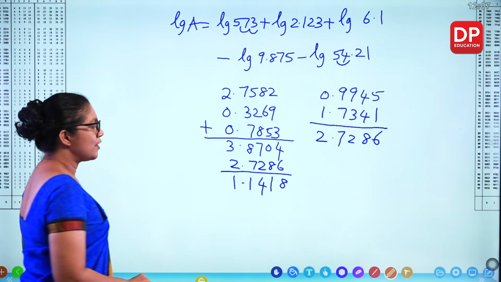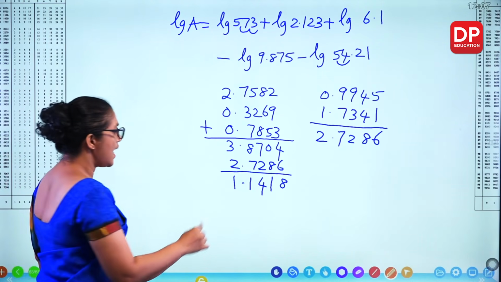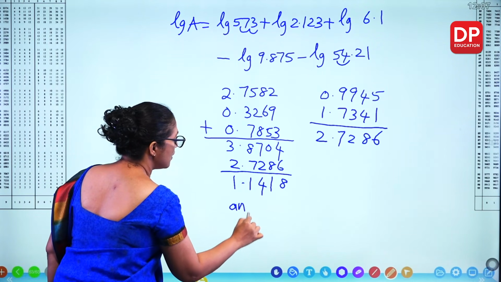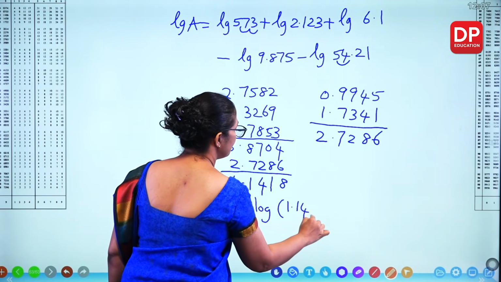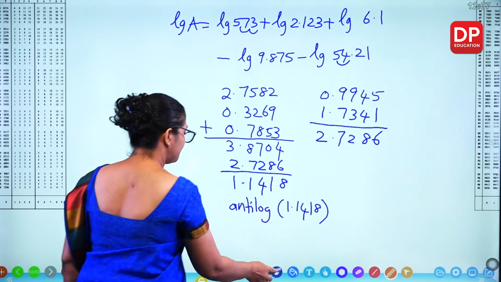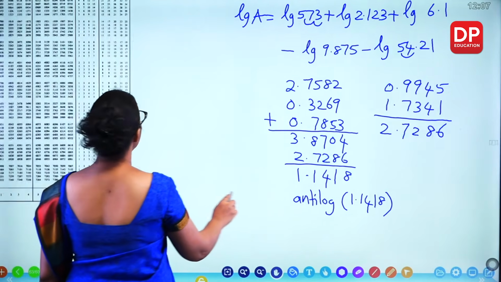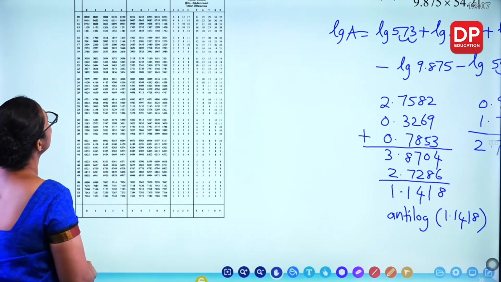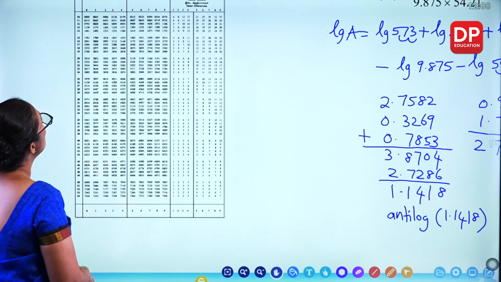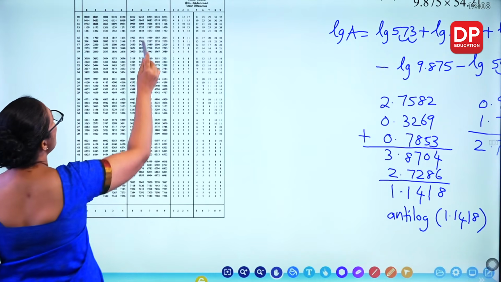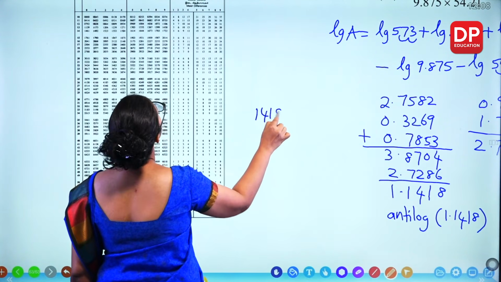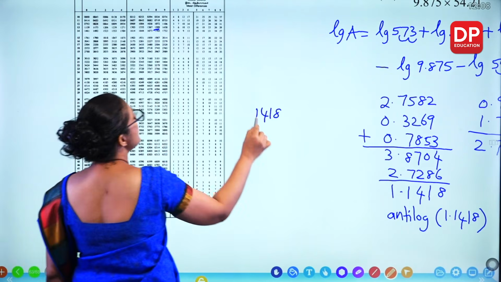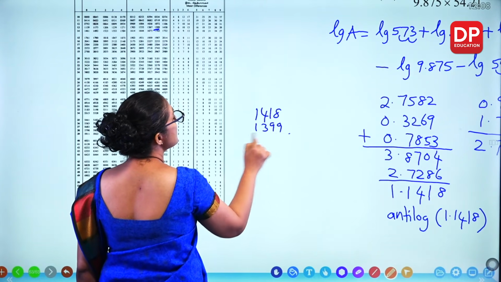Now subtract these two values. You get 1.1418, antilog of that value. 1418. So 1418 we need. 1399 is there.